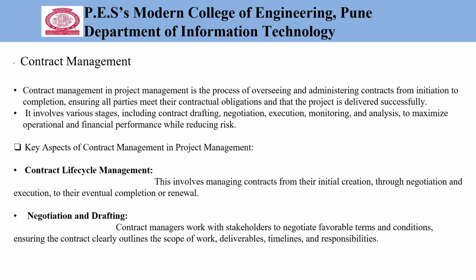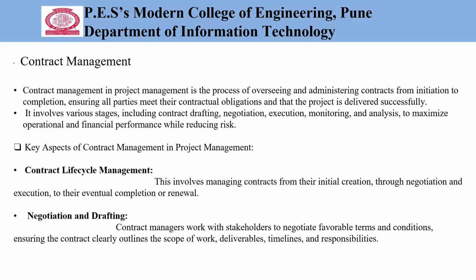Now, it involves various stages, including contract drafting, negotiation, execution, monitoring, and analysis, to maximize operational and financial performance while reducing the risk. So, some stages we have to include, like you need to negotiate tasks related to the budgets, then execution, how you execute your projects within the given timeline. Okay. Now analysis. So what is analysis?